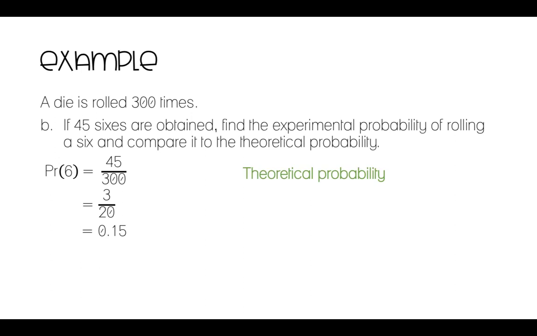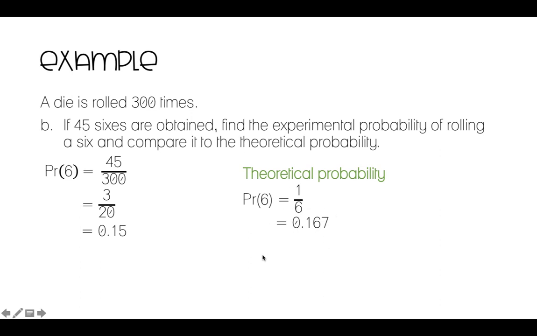If we compare that to the theoretical probability, we say there's one 6 on a dice and there's 6 numbers, so we get a probability of 1/6. This is before we were to complete any sort of experiment. We get 1/6, and that broken down would be 0.167.